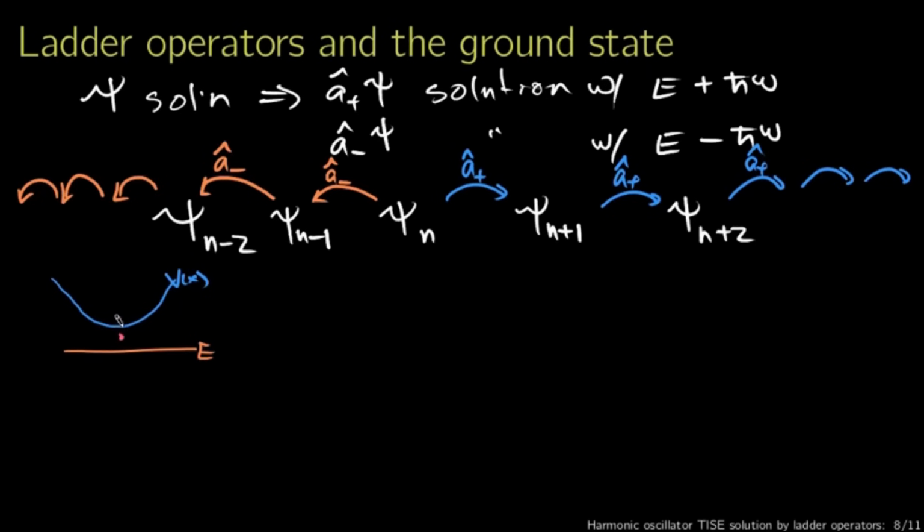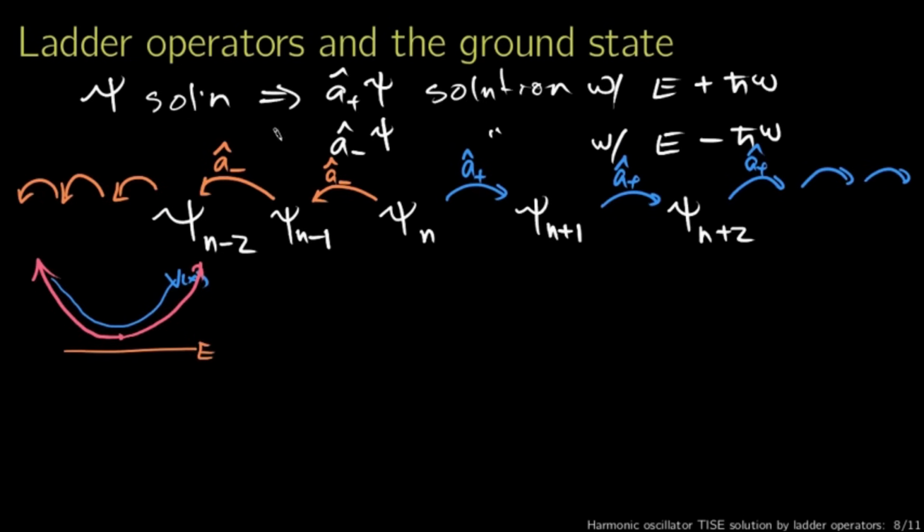The fact that the energy is below the potential for the entire domain of the potential means that over the entire domain the wave function is going to be curving away from the axis. The wave function is going to be blowing up. That's a problem. I cannot have solutions with arbitrarily low energy.